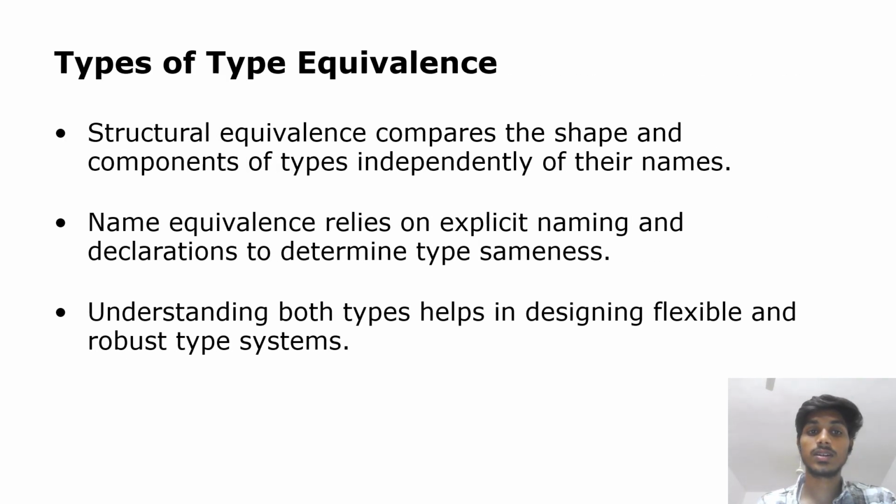Types of type equivalences. Structural equivalence compares the shape and components of types independently of their names. Name equivalence relies on names and declarations to determine type sameness. Understanding both types helps in designing flexible and robust type systems.